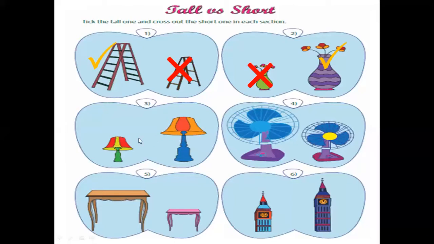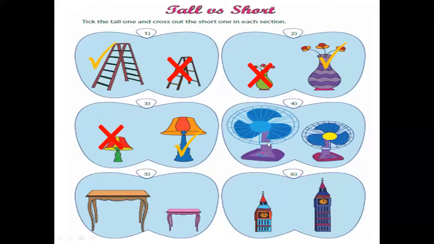It's just about half of the second one. This one is taller than this one, or you can say the first lamp is shorter than the second one. So we are going to cross the shorter one and take the taller one. Understood?